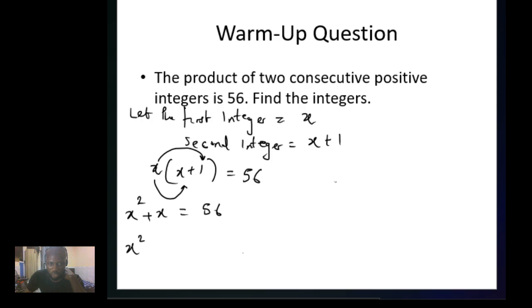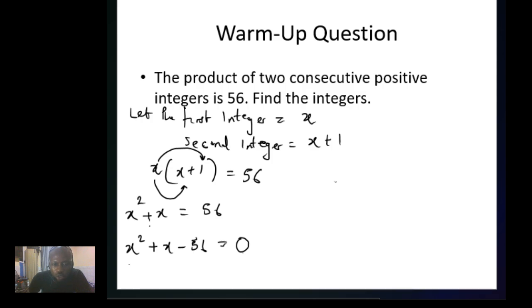So this is an equation, but in order for us to express it in the standard form, we need to make everything equal to 0. To do that, we subtract 56 from both sides. On this first side, we subtract 56 from it and have it like this. On the other side, 56 minus 56 is going to be what? 0. Now, tada, look what we have here.